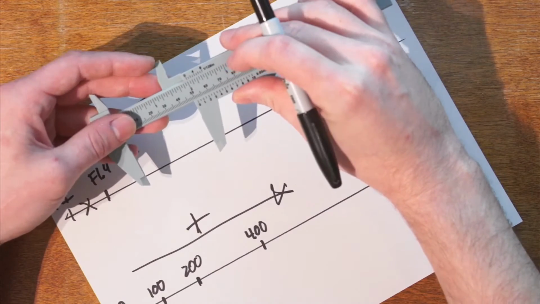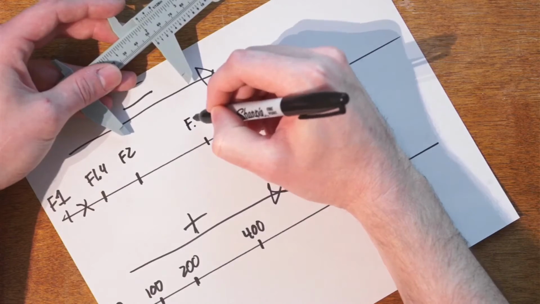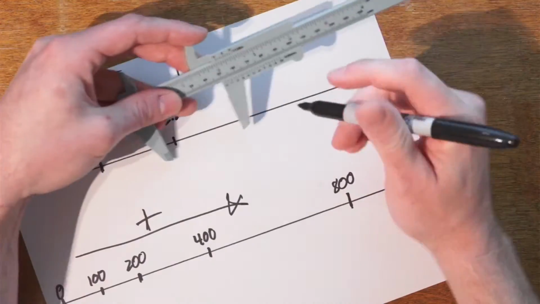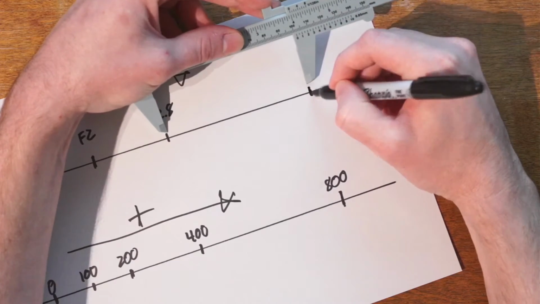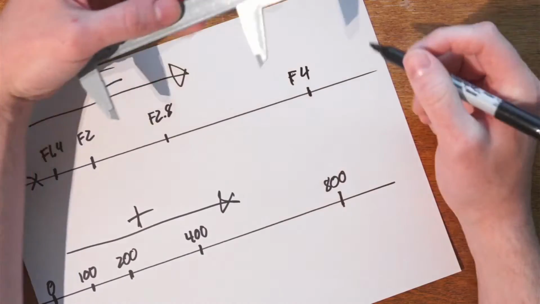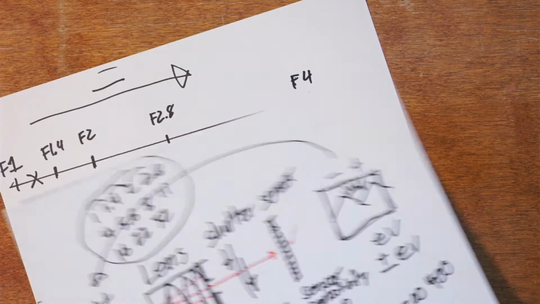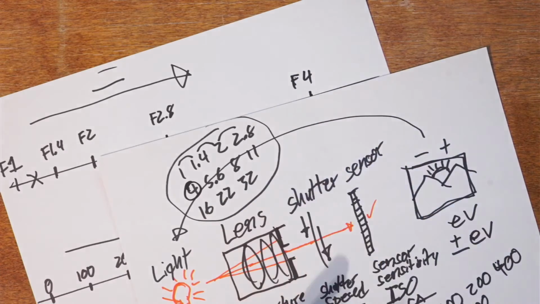We are going to go to our next one, which is going to be F2.8. And then we are going to go to our last one that fits on our page, which is going to be F4. Now you'll remember that we have, right, F4 is just right here. We have quite a few more of these to go.